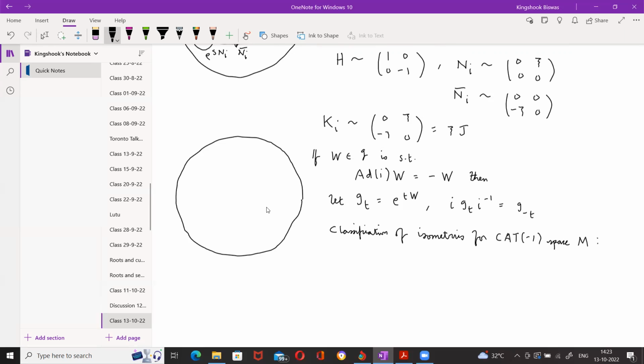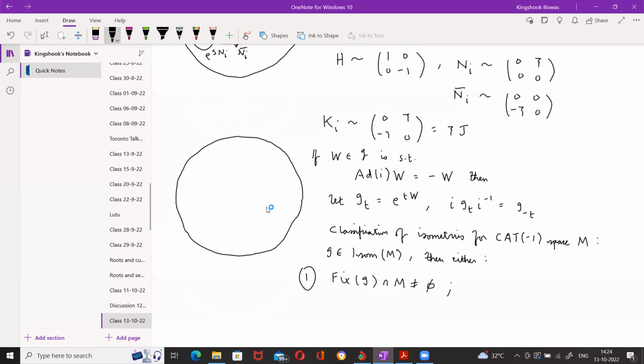So if G is an isometry of a CAT(-1) space M, then either G has a fixed point inside M, that is, Fix G intersect M is non-empty.